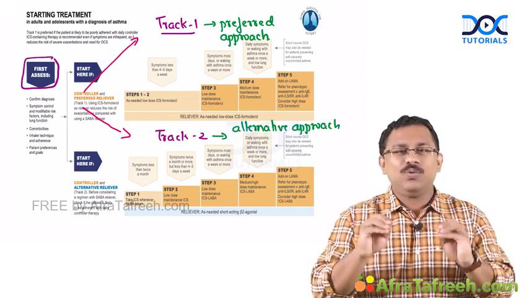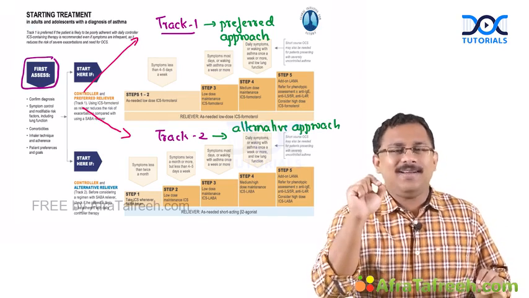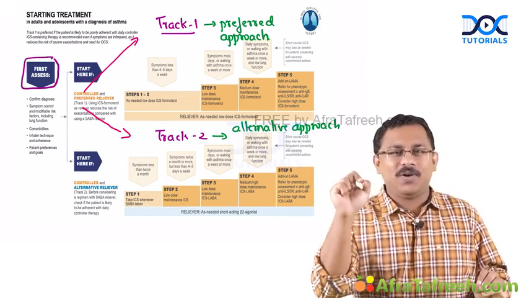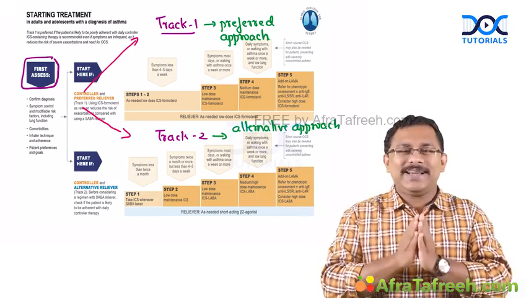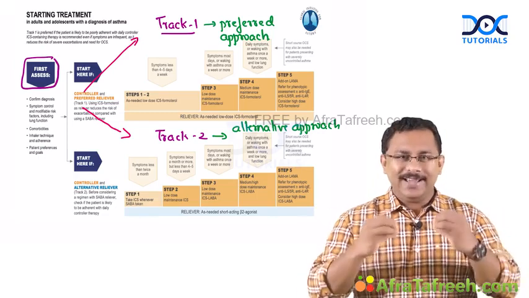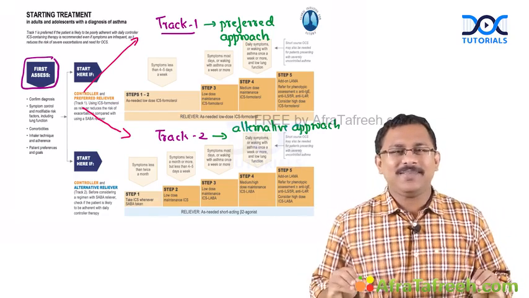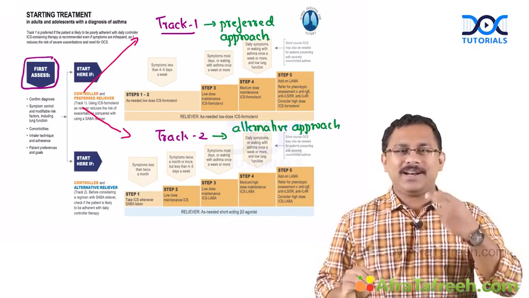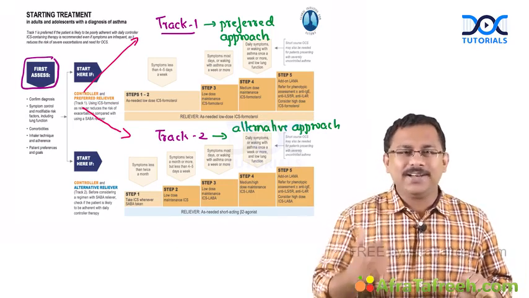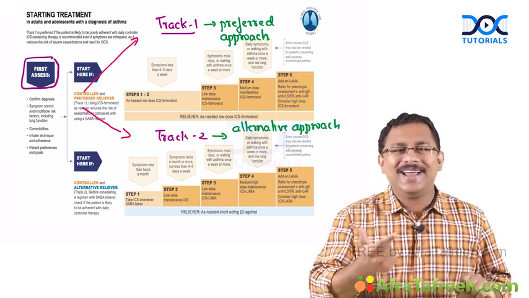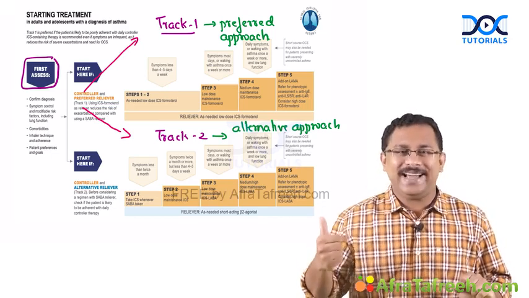Almost always we will go for track 1 for the management of bronchial asthma. So what did you understand so far? Once you have diagnosed a patient with bronchial asthma and you want to institute treatment, there are two tracks available, 1 and 2. The preferred one is 1 and the alternative approach is track 2.